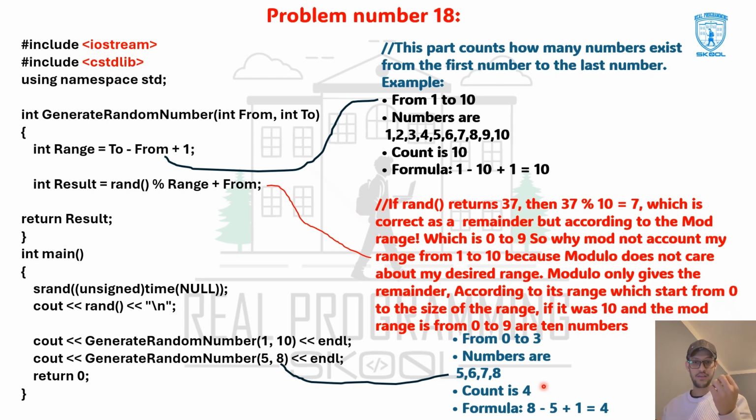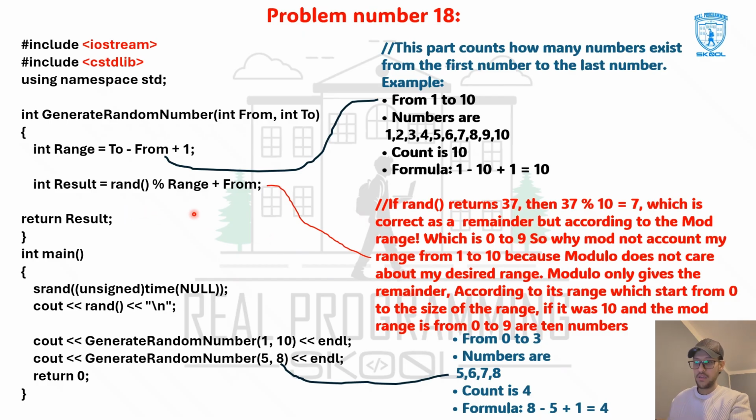So if we take 37, the random number that the compiler returned when we use the rand built-in function, mod 4, because we have 4 numbers in the second range, it will give us 1, which is wrong, because we don't have number 1 in the second range. Do you see number 1 in the second range?